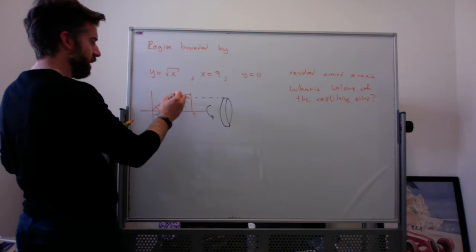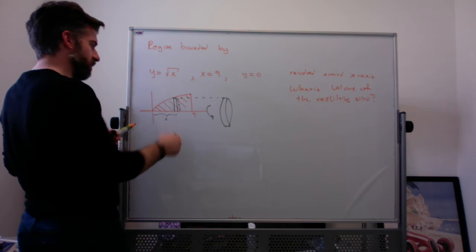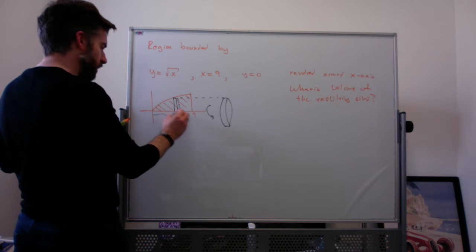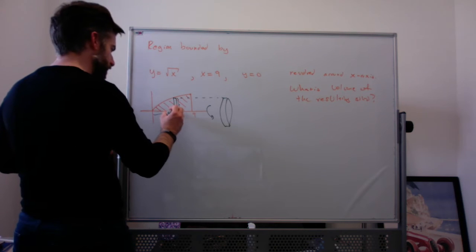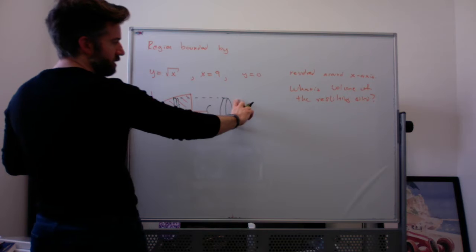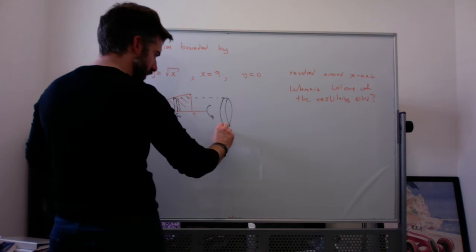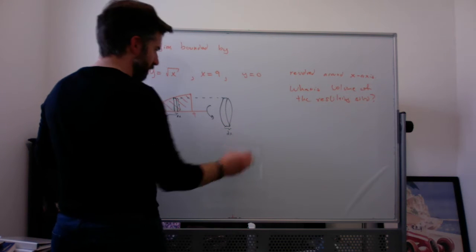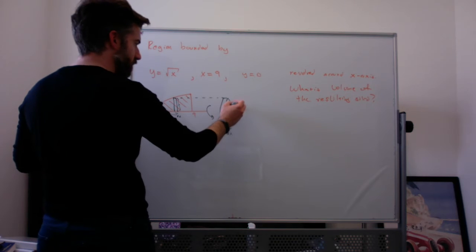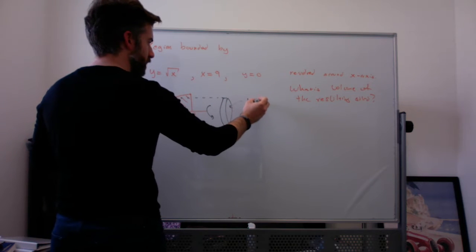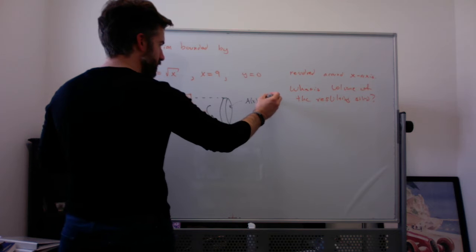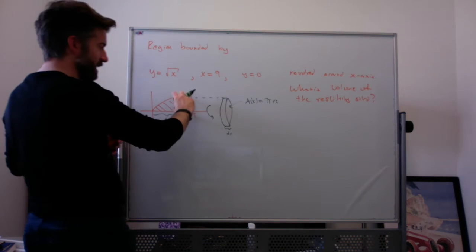And this strip has a height of whatever the function is. And it's got a width of dx. So this shape here has a width, or I like to say thickness, of dx. And it's got an area that is pi times the radius squared, where the radius is this height, right?